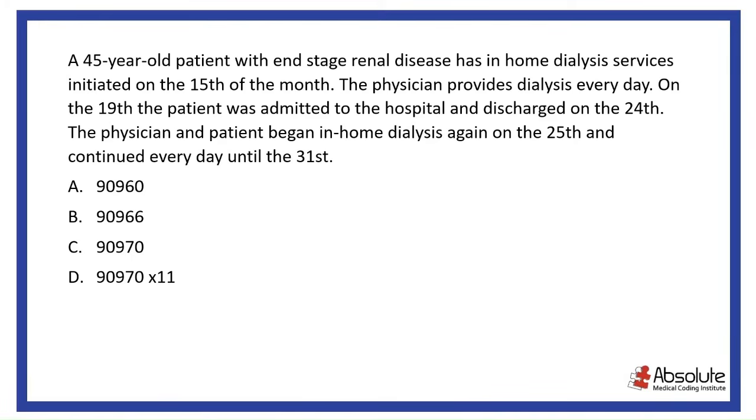On the 19th, the patient was admitted to the hospital and discharged on the 24th. The physician and the patient began in-home dialysis again on the 25th and continued every day until the 31st. So what are the CPT codes for this dialysis service provider? Once again, coders, you've got 2 minutes to code this one, and we'll quickly see after that.